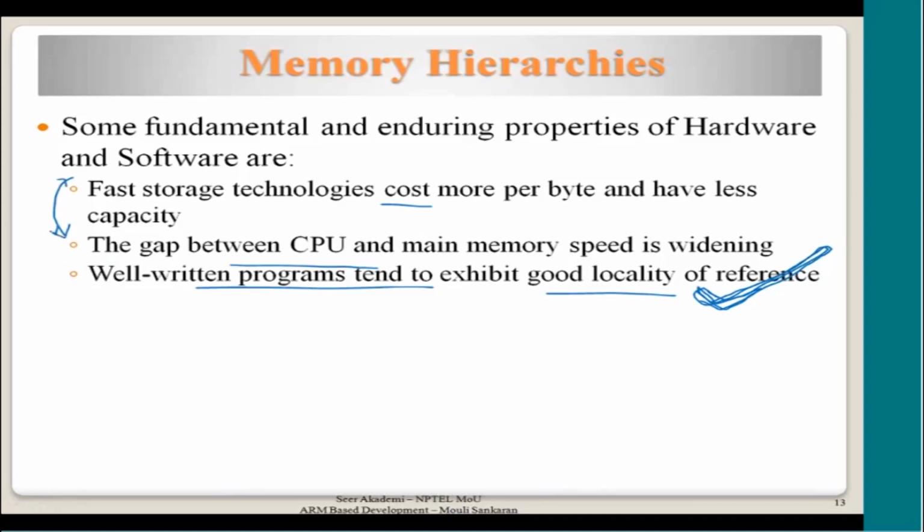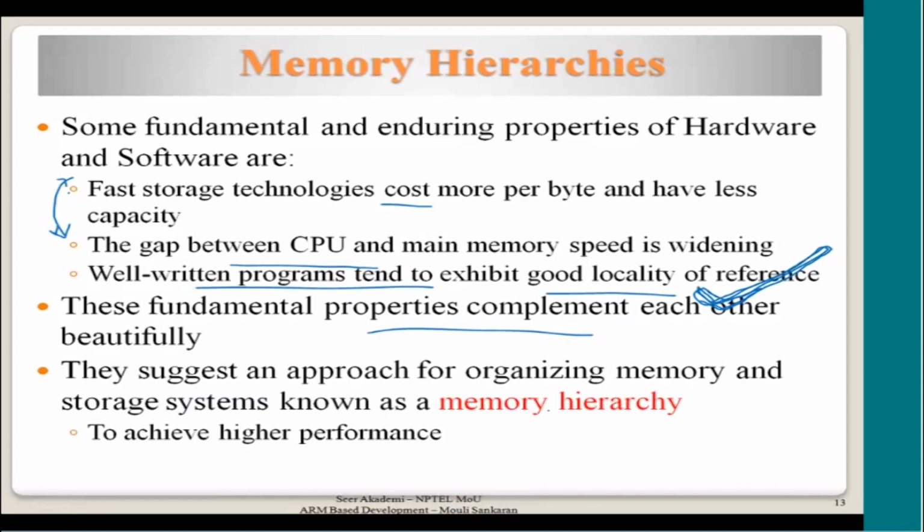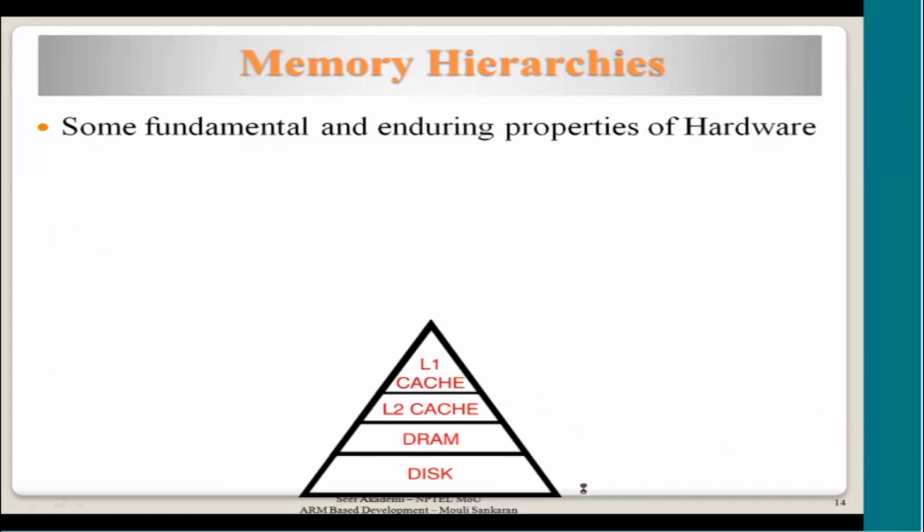The fundamental properties complement each other, that's a beauty. If you put these two together, then we get better performance. So they suggest an approach of organizing memory and storage systems, known as memory hierarchy, to achieve higher performance. So it gives us a reason for doing this.